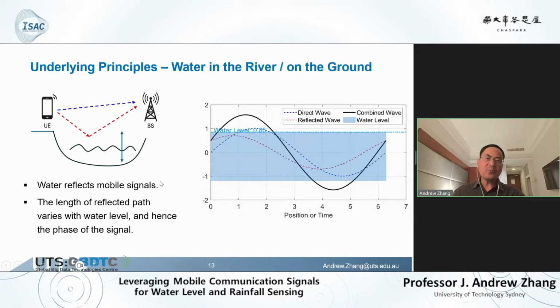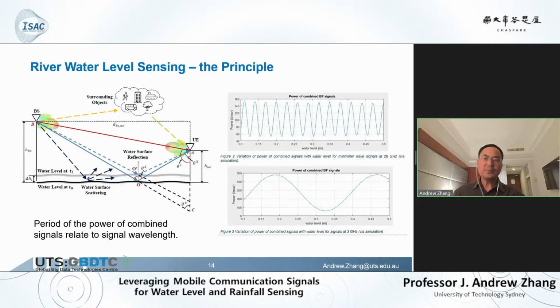So this underlying principle is quite simple, and such a periodicity is proportional to the carrier frequency, or in other words, the period of the cycle, as shown here, is inversely proportional to the carrier frequency, because we know the phase is the product of the speed of light and the delay, right?